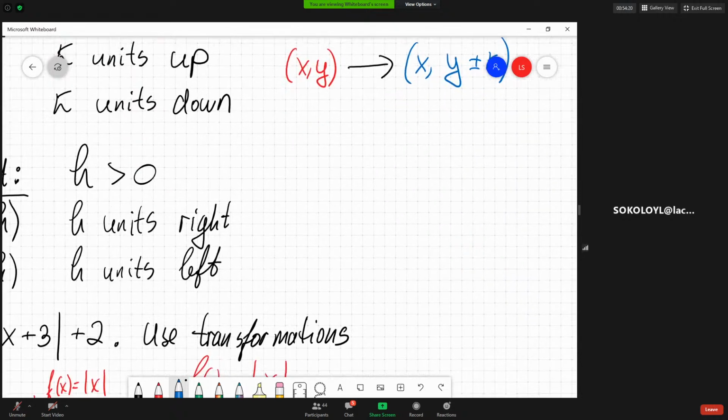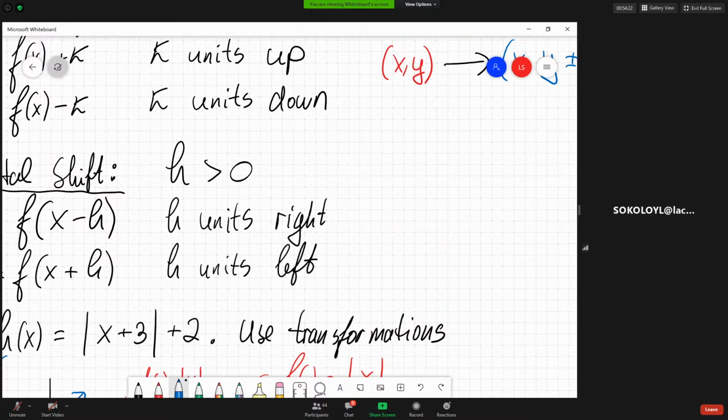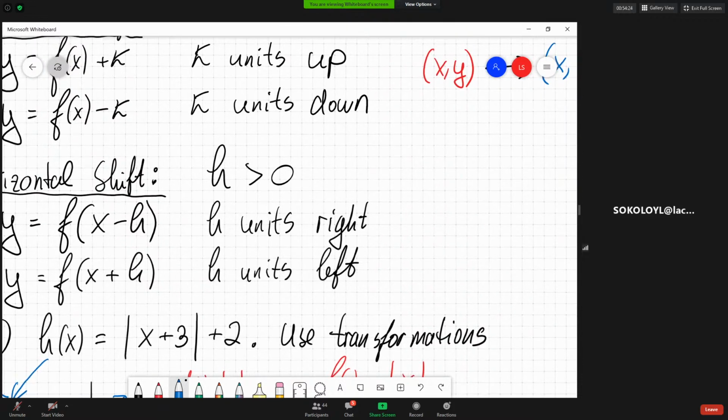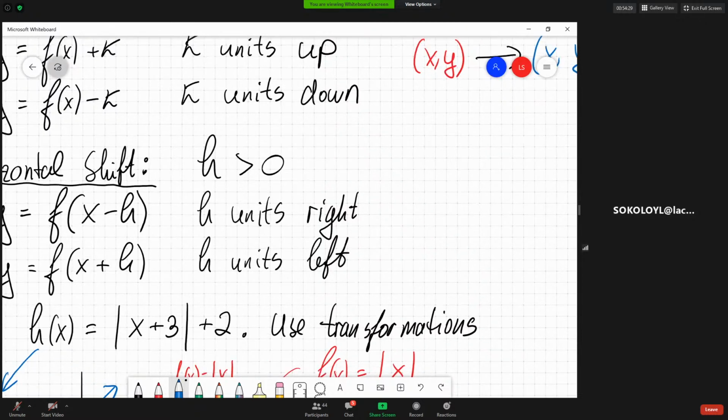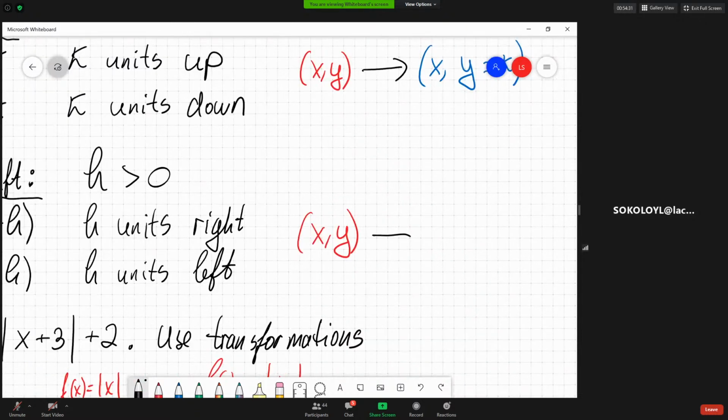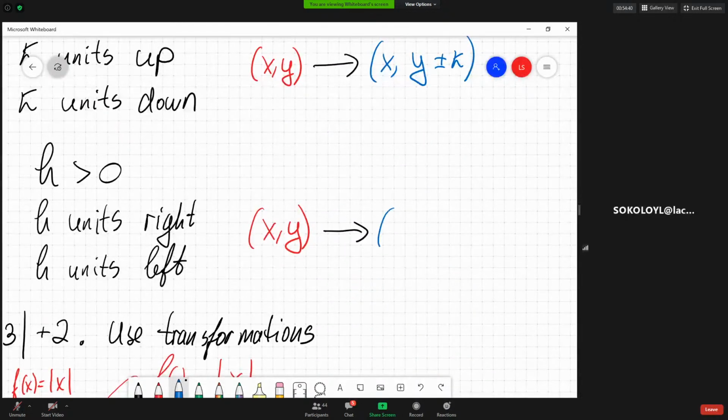If I talk about the horizontal shift, then if I have a point x comma y, and I apply this horizontal shift to it of h units, then my new coordinate is going to be x plus or minus h, and then the y will stay the same. But here you have to be careful, right?